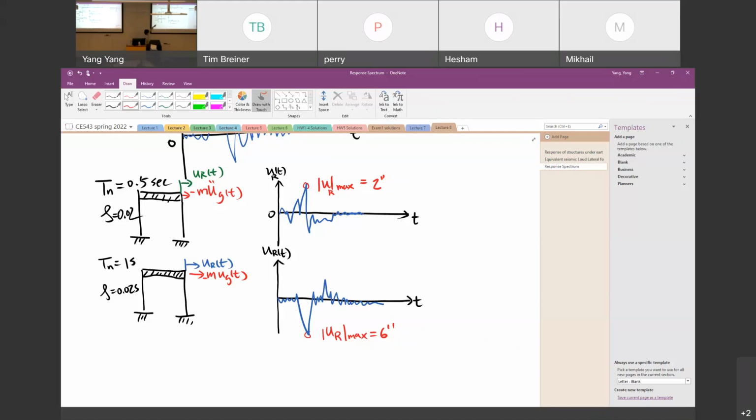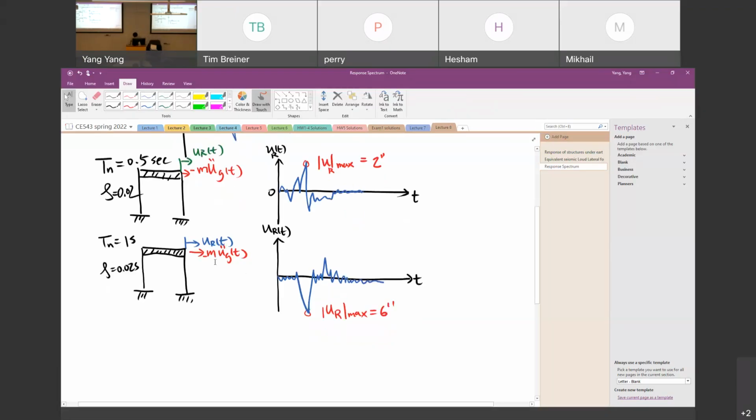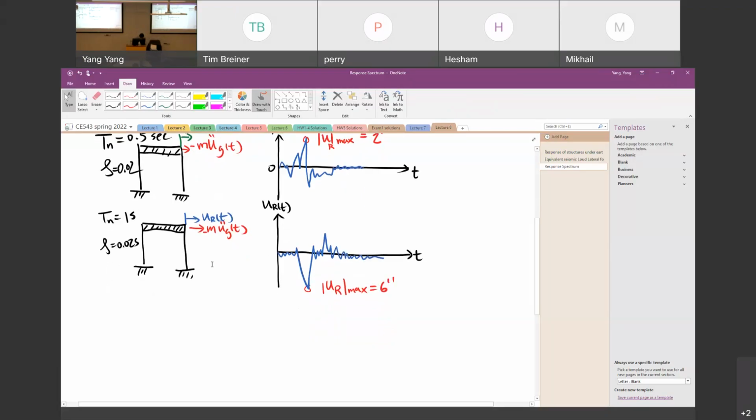So same earthquake: if the natural frequency of the structure changes, the response changes, and the maximum value may change. And then we do another structure with a different period, when that's equal to 2 seconds.